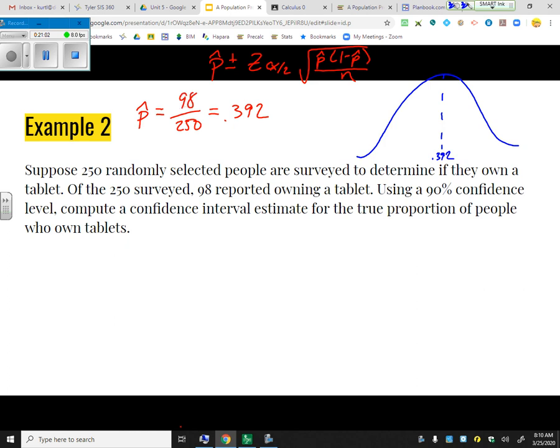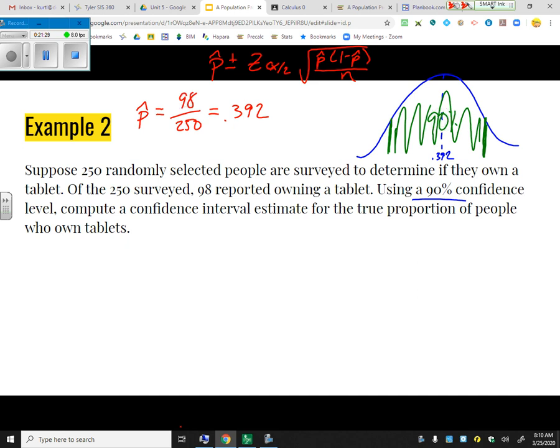Now this time, I'm just going to use a 90% confidence interval. Look what that's going to do. That is going to suck in my sides a little bit. It's going to make it so I'm not as far over in the tail. I'm wanting all this area in here, those will be my best guesses for the true population that have a tablet.